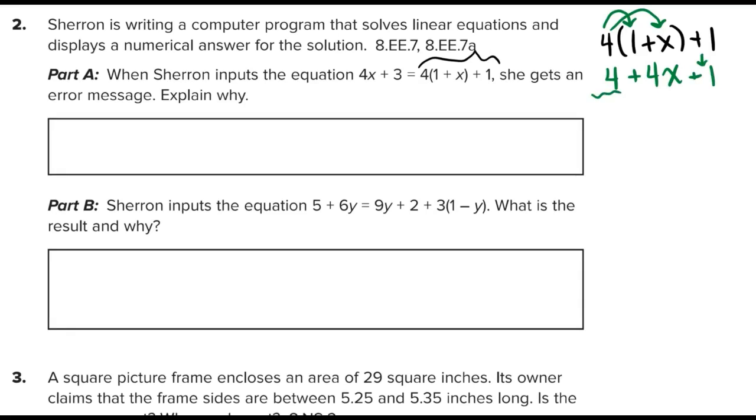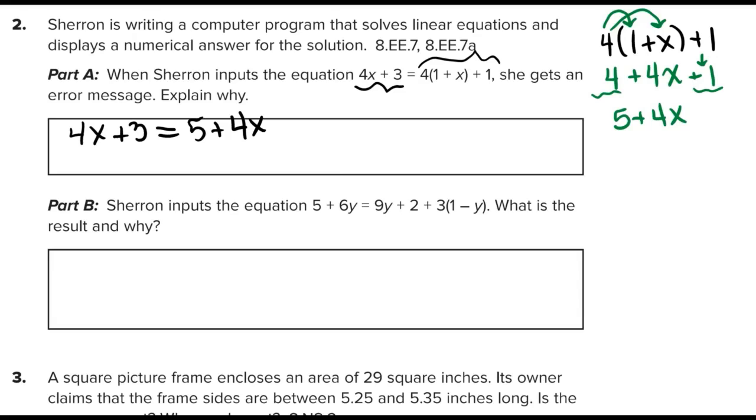I'm going to combine like terms. So 4 plus 1 is 5 plus 4x. All right, so let's rewrite this. We have the left side, which says 4x plus 3, is equal to 5 plus 4x.